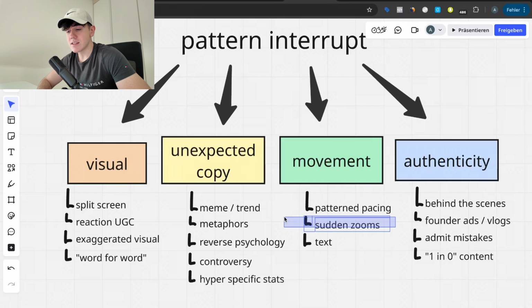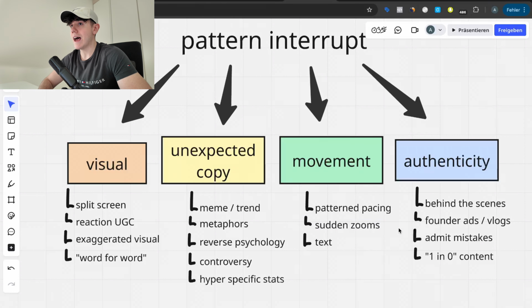Second thing is sudden zooms. What I mean by this is if you take a look at, for example, a lot of ads that in the visual hook have a very quick zoom in or zoom out, or a very specific motion to the left or to the right, those typically have higher hook rates than just normal cuts or just no pacing in the hook at all.